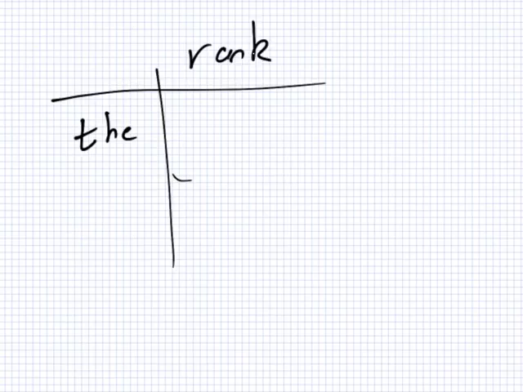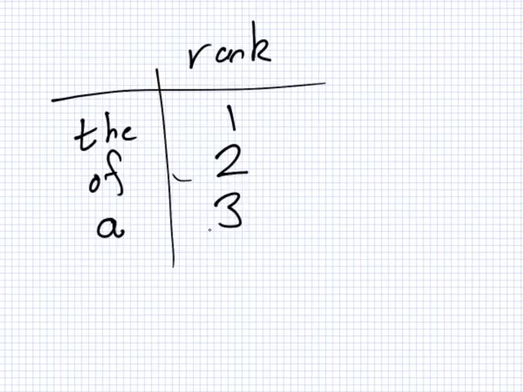The most common word is the, so we say its rank is 1, first place. The next most common word is of. Its rank is number 2. And then, maybe the next one is something like and, and its rank would be 3. And so on. So this is called the rank.